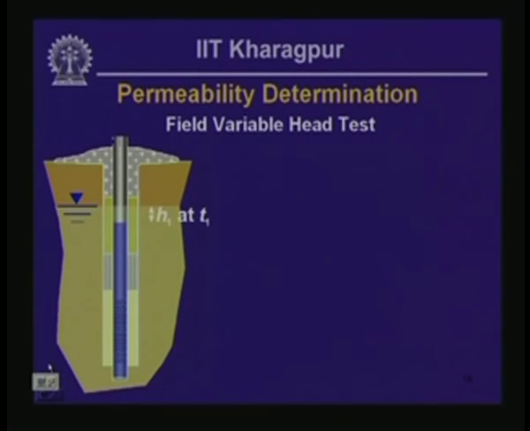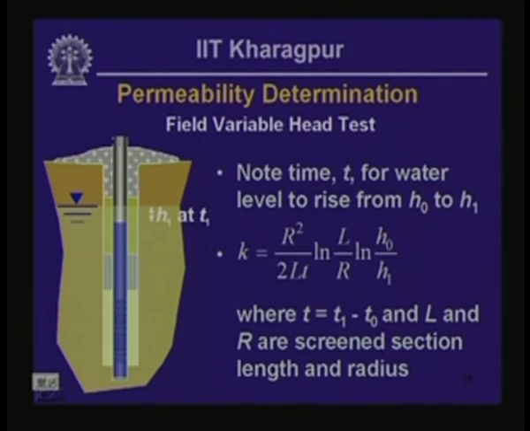What we do in this case is find the time difference between when the water within the casing tube was at a depth of H0 below the existing water table, and when the water is at a depth of H1 below the existing water table. From these two measurements we can compute the permeability using the expression on the right of this slide.